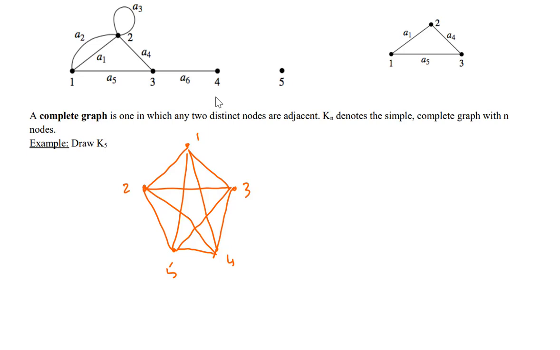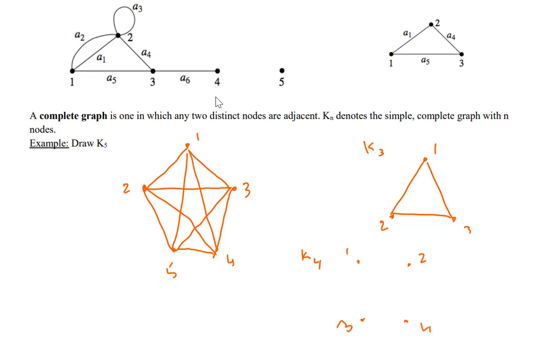You could draw it a little bit differently, but this is one way. For example, K3 will be like this. So this is 1, 2, 3. 1 is connected with 2 and 3. 2 is connected with 1 and 3. 3 is connected with 1 and 2. So this is again a complete graph. For K4, you could think about it as well: 1, 2, 3, 4 if you want.